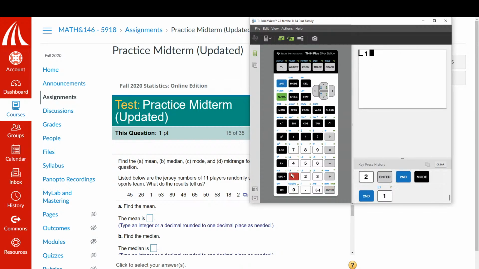So I'm going to print my list on the home screen. That looks pretty good. I should be able to go over to see all the numbers, but right now, for whatever reason, it's not.